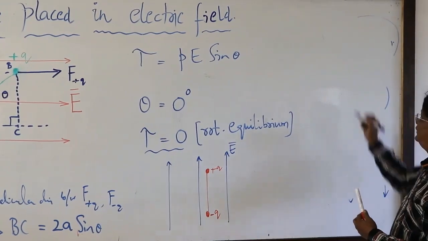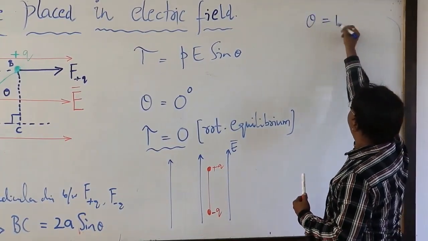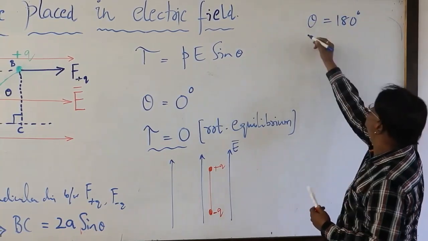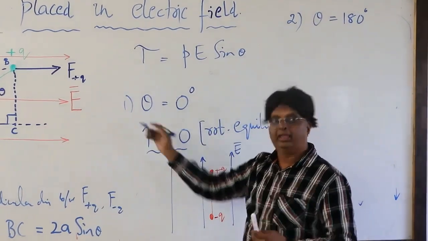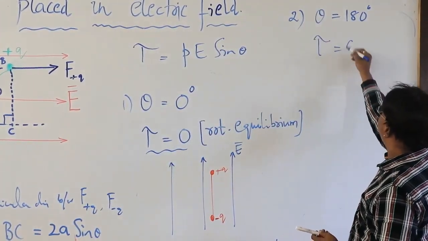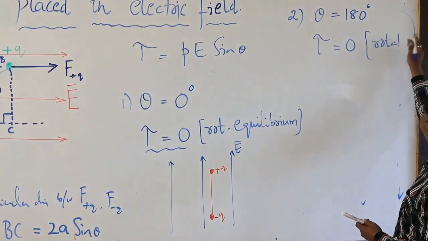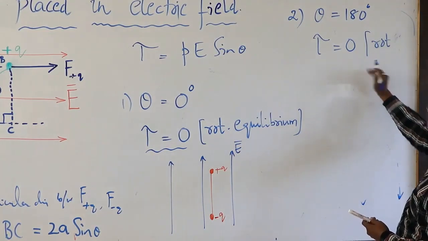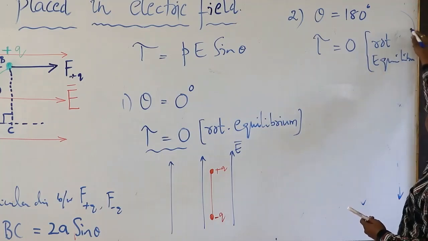Now let me take the other case, theta equal to 180 degrees. What happens? Again sin theta is 0, therefore again tau is equal to 0. Again the case of rotational equilibrium. But again the orientation matters.